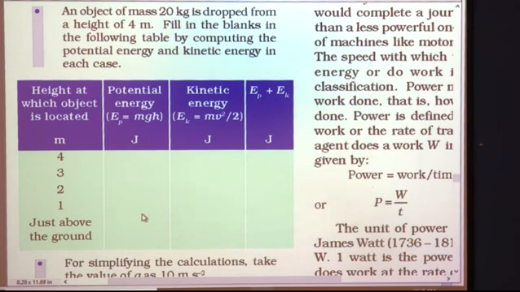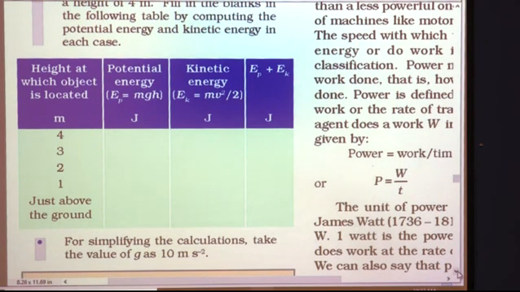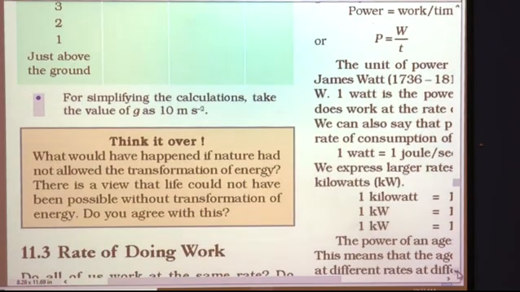And next, when the height is 1, potential energy is 200 and kinetic energy is 600, so the total is 800. And when the object is just above the ground, height is 0, so potential energy is 0 and kinetic energy is 800. So the sum is 800. When you calculate this, you will find that in the last column, the total mechanical energy is the same, that is 800. For simplification you can use the value of g as 10 meter per second square.